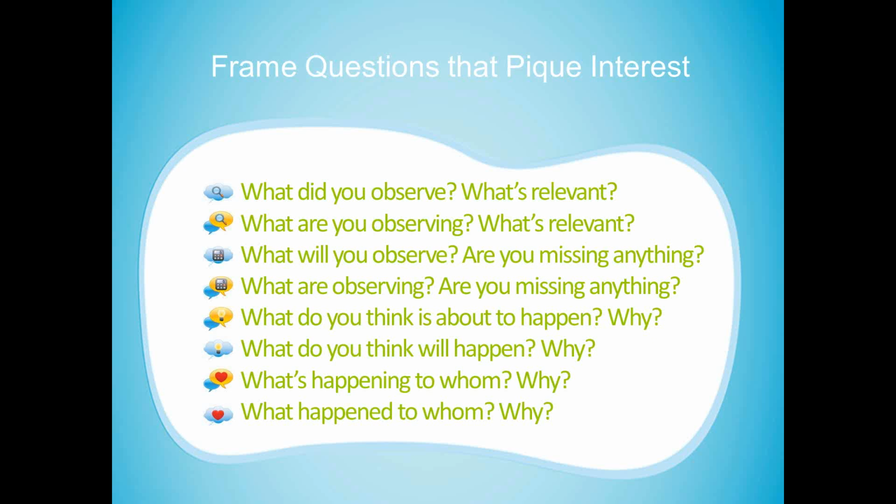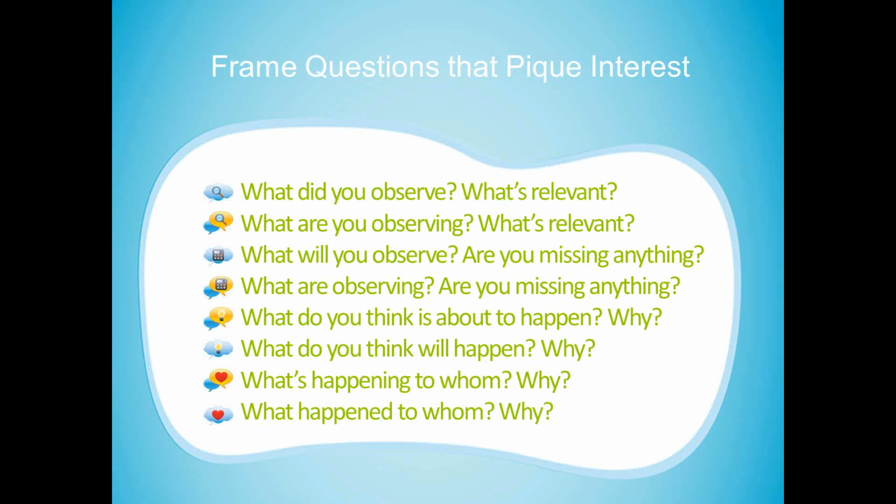So it's a little bit different than what you saw with the sensors, in that they'll get the forest right, but they may not see all the trees, whereas the sensors will get all the trees, but they may not see the forest. So that framing is really important. For intuitives, what do you think is about to happen? So pique their interest with what comes most naturally to them, what they believe, that predictive ability.